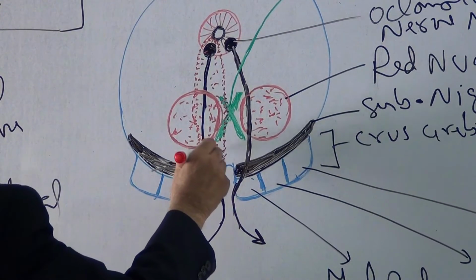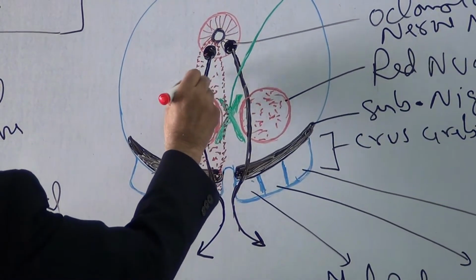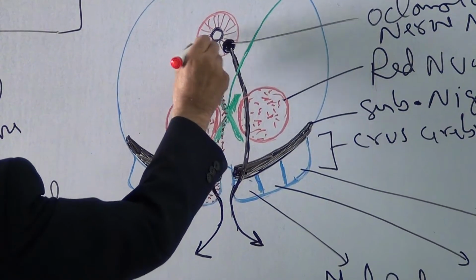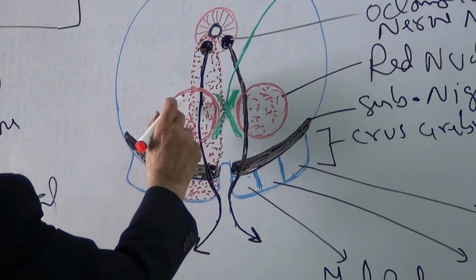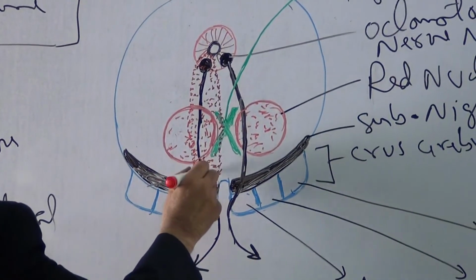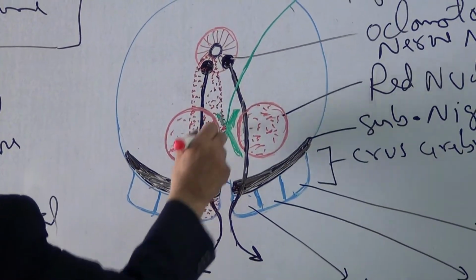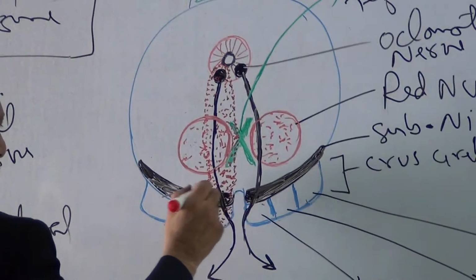Now this area marked by red dots are the different parts which are involved in this lesion of the midbrain.